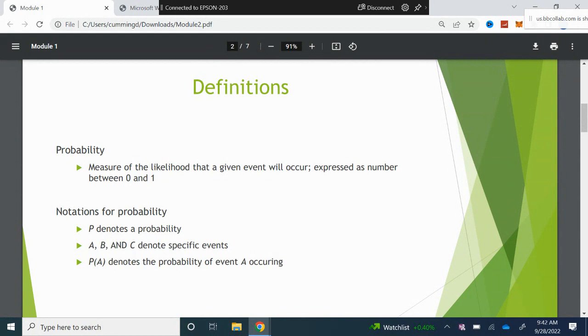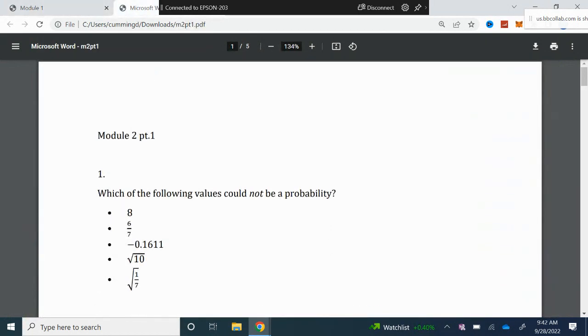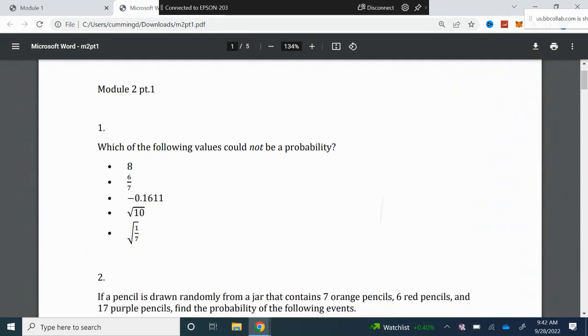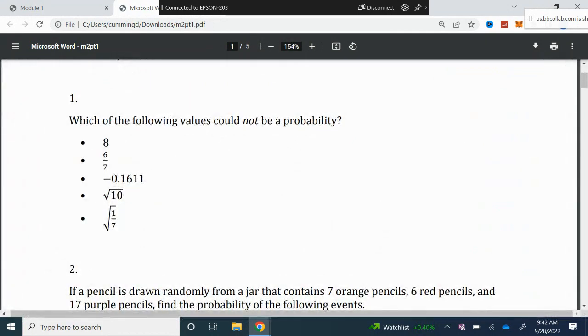All right, so with just that first definition, I am going to pull up the handout, and this is just that Module 2 handout part 1. And this first question asks us, which of the following values could not be a probability? So we're given some numbers.